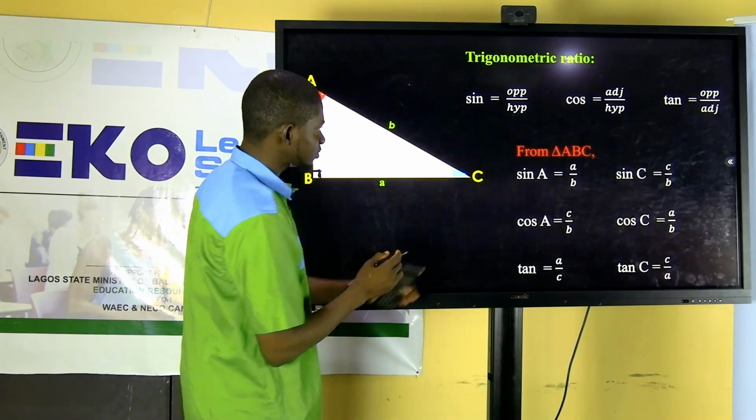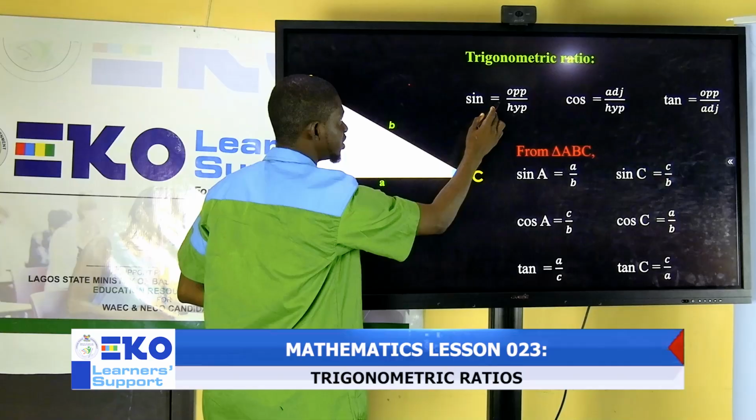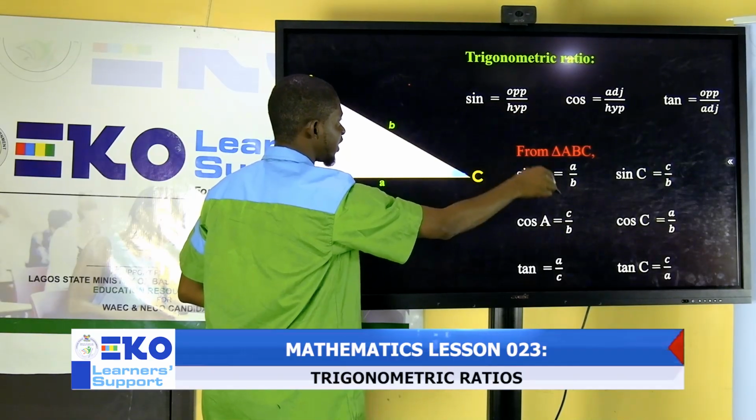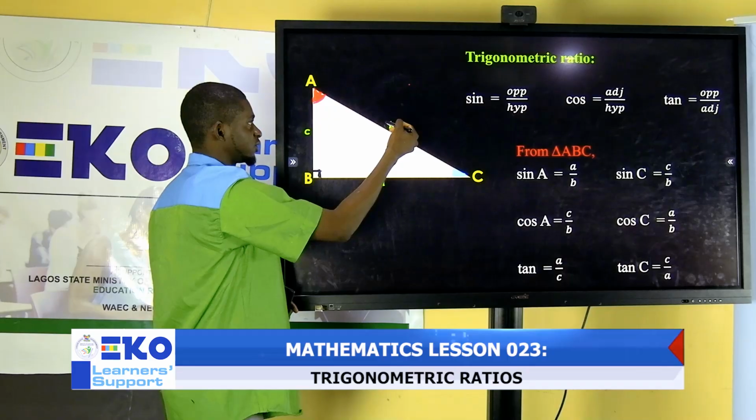So let's move on. From this triangle now, sine A, following this, opposite divided by hypotenuse.